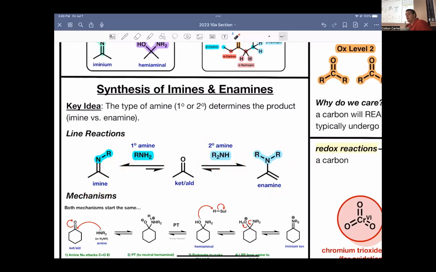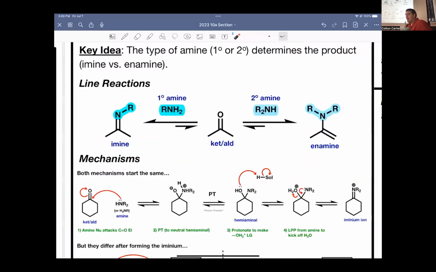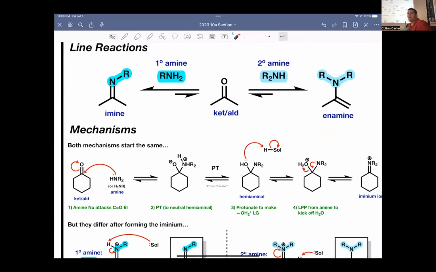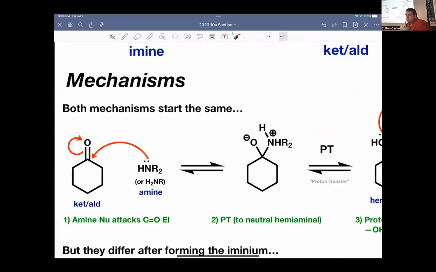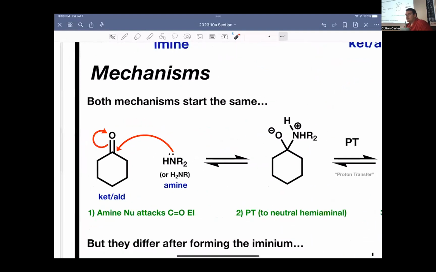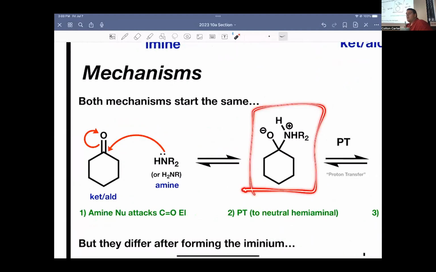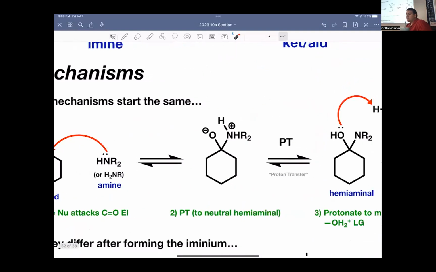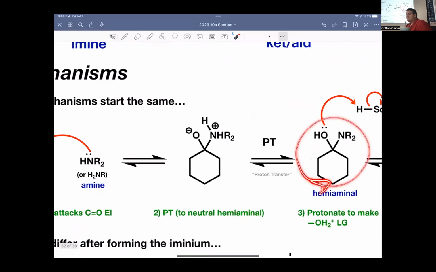The mechanism for these are exactly the same, except for the last step. So let's talk through what happens. So our amine is going to attack our carbonyl, push up, and we make a tetrahedral intermediate. When we are at the tetrahedral intermediate, we're going to have a minus and plus, and we are going to do a proton transfer to make them both neutral.